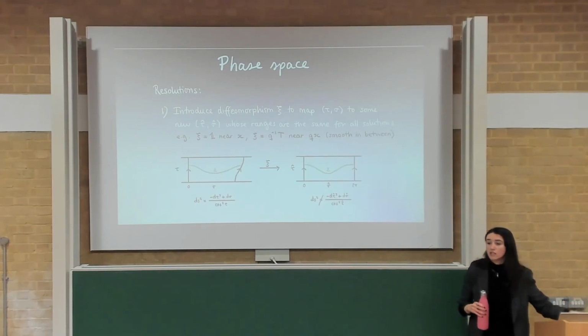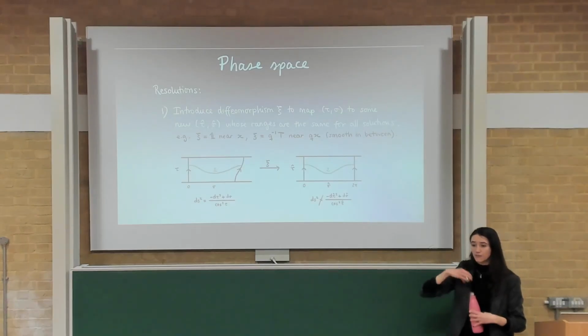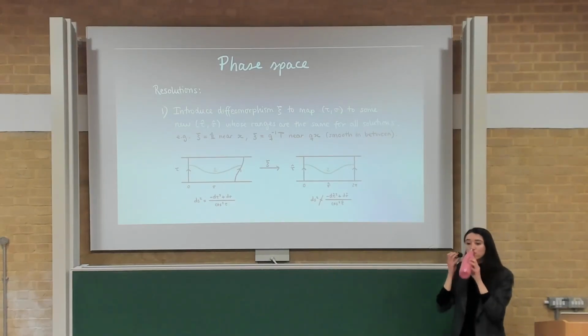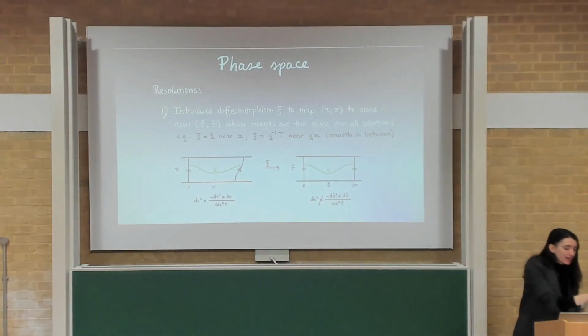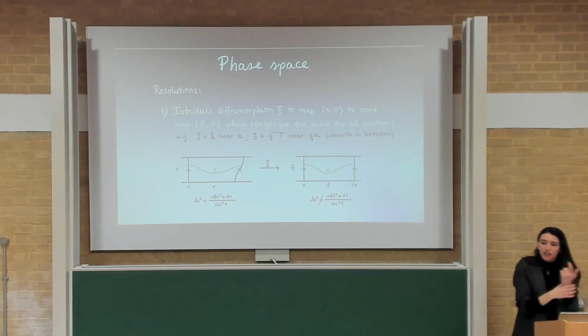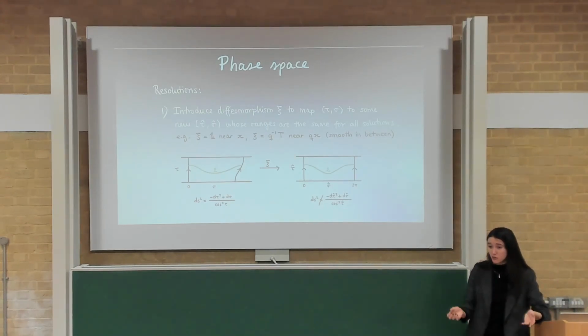Say again, sorry? The action, the way I wrote it earlier, technically I could have written the boundary terms. I just omitted them because I was working on a closed universe. So if you're trying to calculate the action on the entire manifold, it seems like they would vanish spatially.